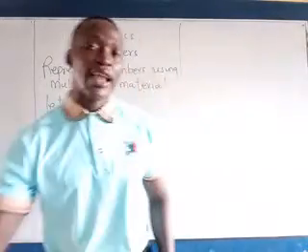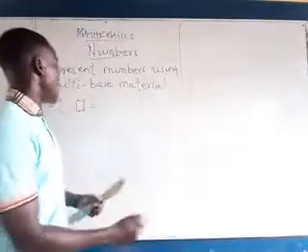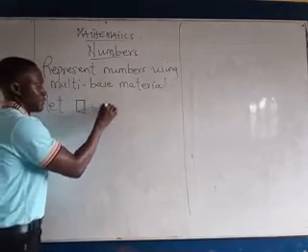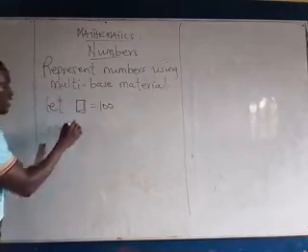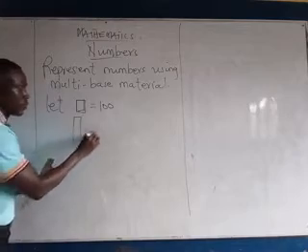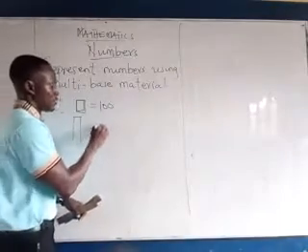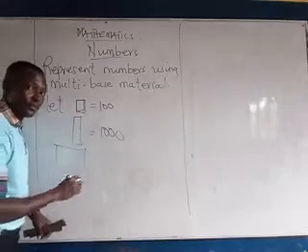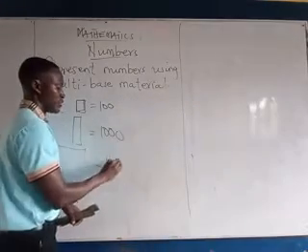So now let's take, for example, we have the cube to be 100, then our straight edge to be 1000, then our flat surface to be 10,000.